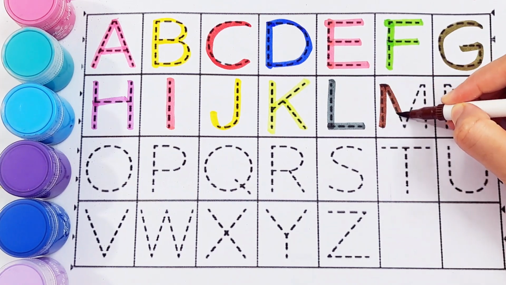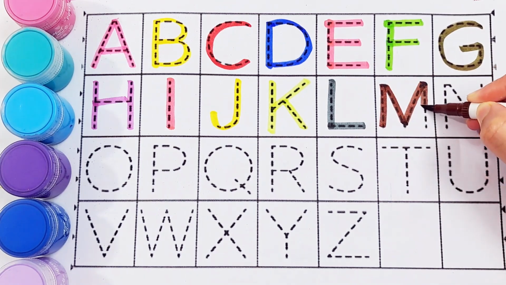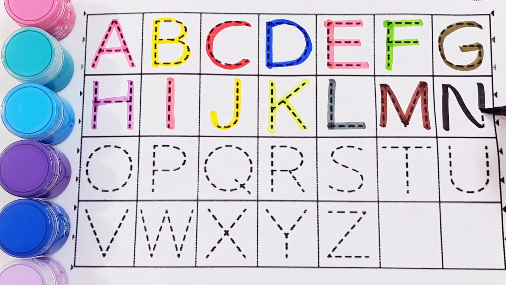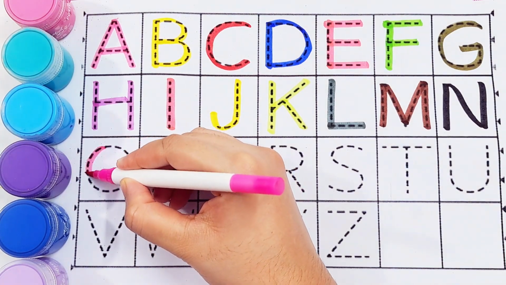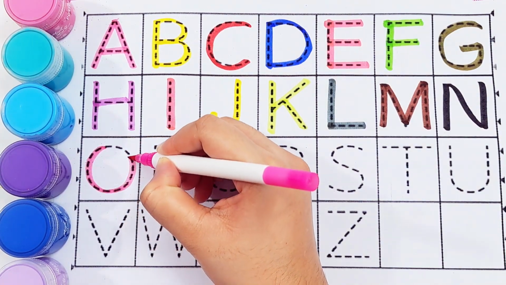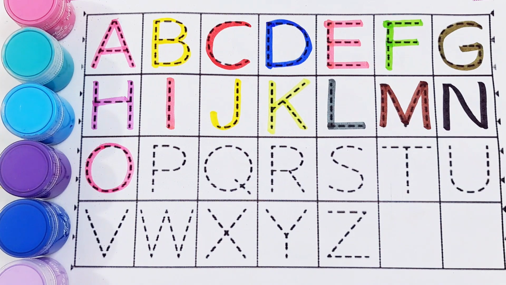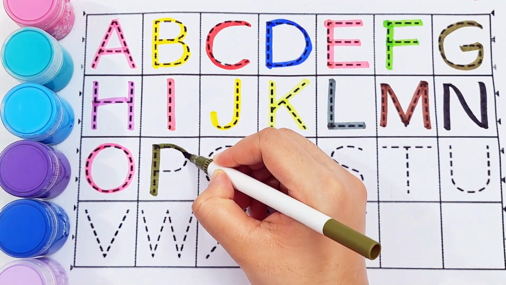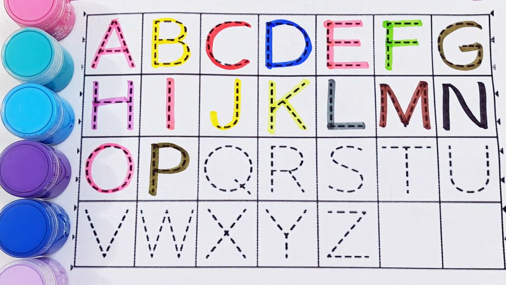M. M for mat. N. N for nuts. O. O for olive. P. P for pumpkin.